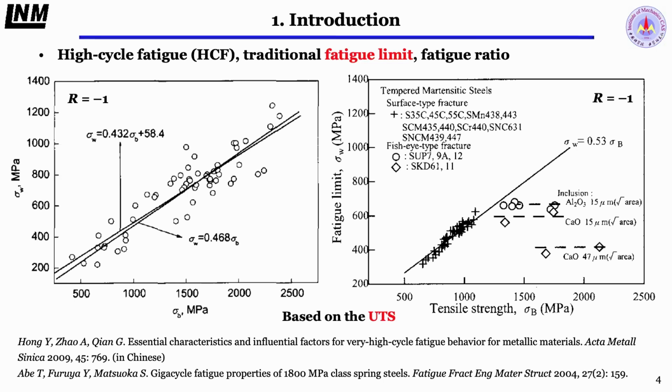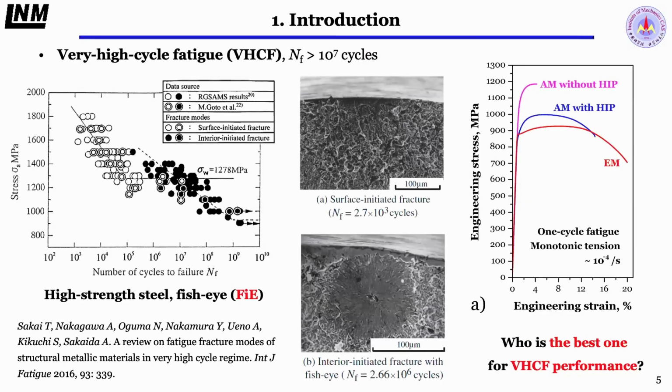We can see this surface shows the linear relation, but just for surface-type fracture. For the interior fracture, with a fish eye, it does not depend on the tensile strength. So the question is how to easily and quickly assess the very high cycle fatigue performance.